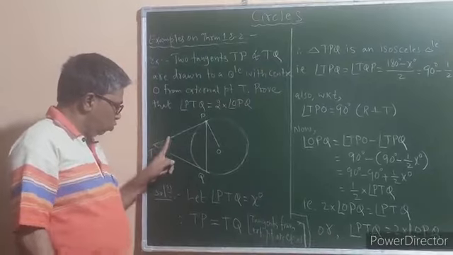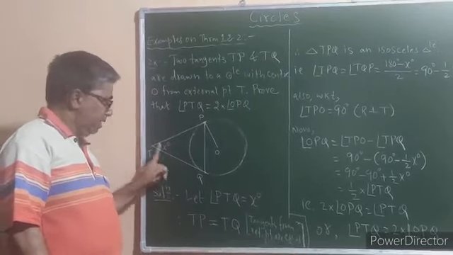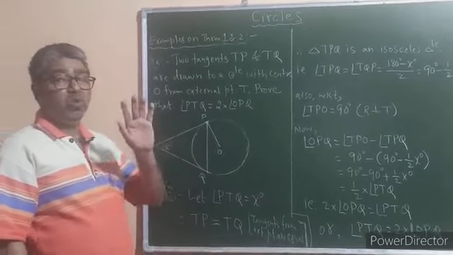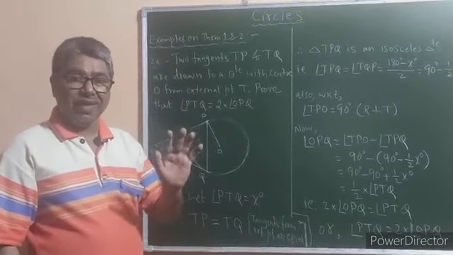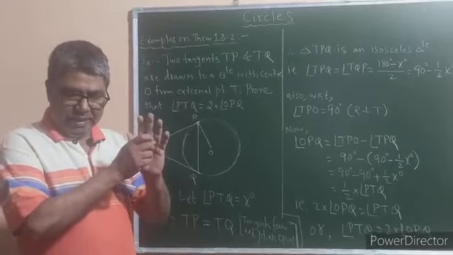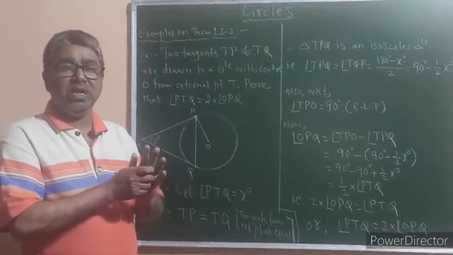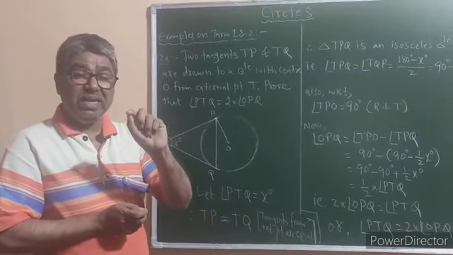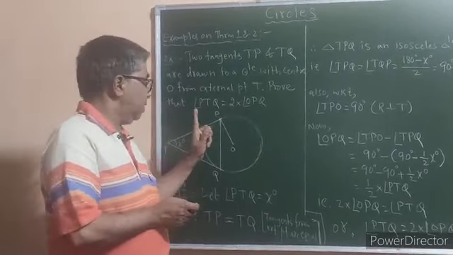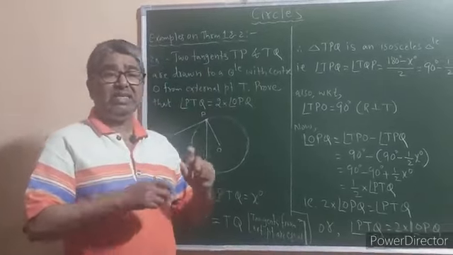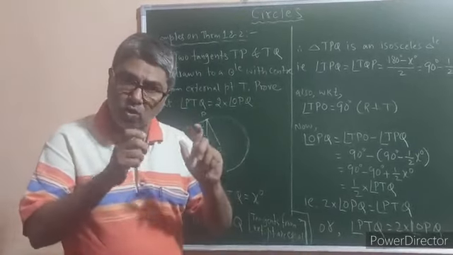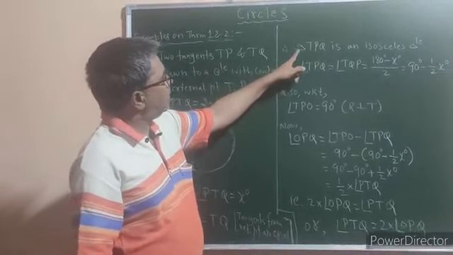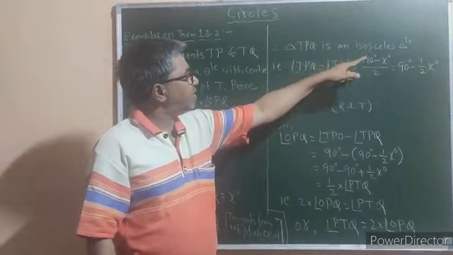If these two sides are equal in triangle TPQ, then triangle TPQ must be an isosceles triangle, because you know in any triangle, if any two sides are equal, then the triangle is isosceles. If the sides are equal, then their opposite angles are also equal. This also you know. Therefore triangle TPQ is an isosceles triangle.